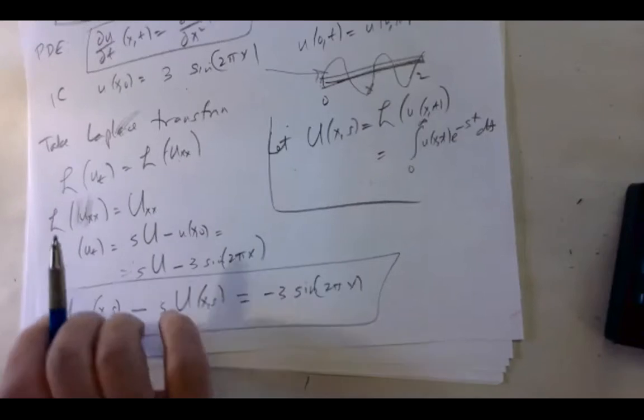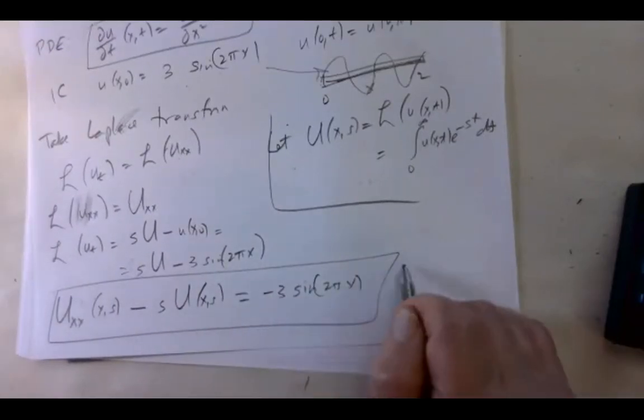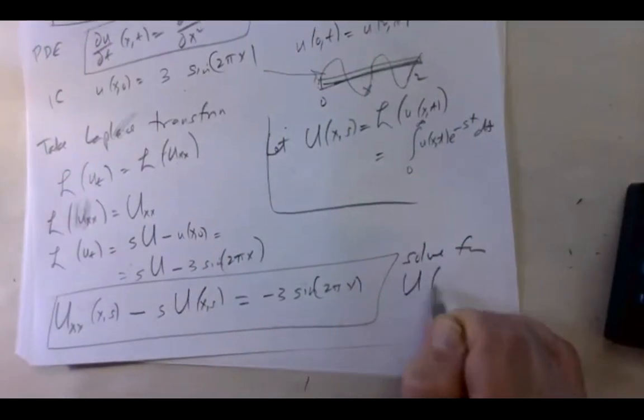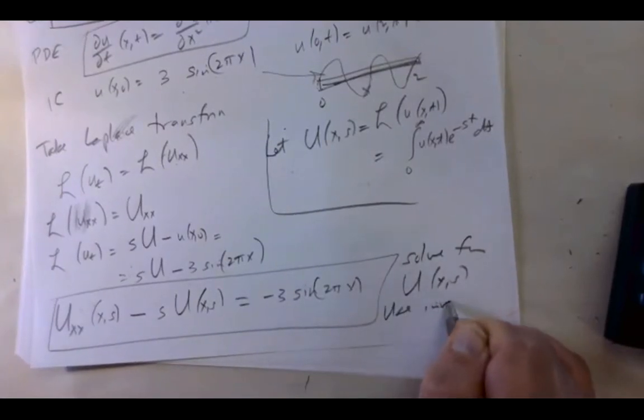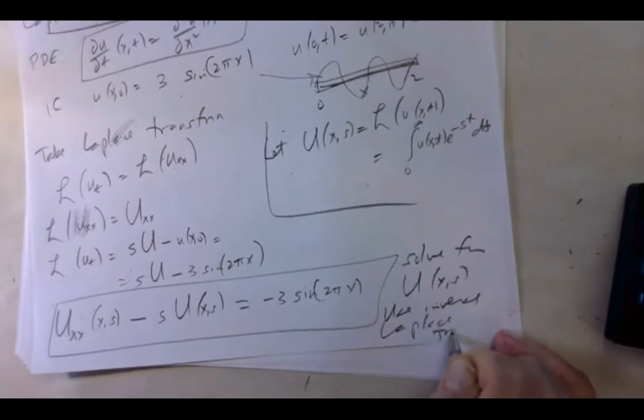I'm not going to do it because it'll just take me a long time right now. But we solve for U of x, s and then use the inverse Laplace transform.